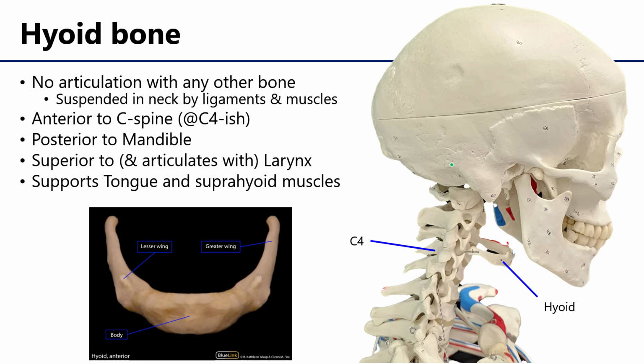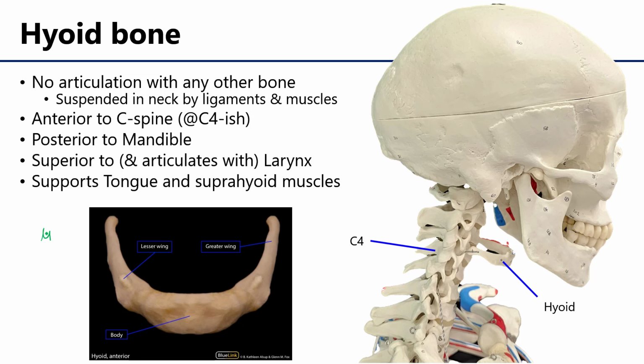The hyoid bone gets its name from hyoideus, which means shaped like an epsilon or a U. It's a very unique bone in that it has no direct articulation with any other bone in the body. It is suspended by musculature and the tendons of those muscles within the neck.